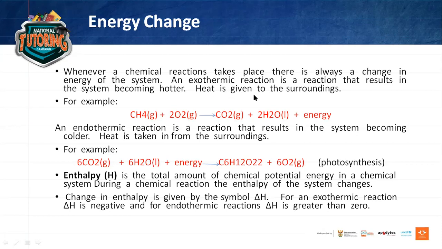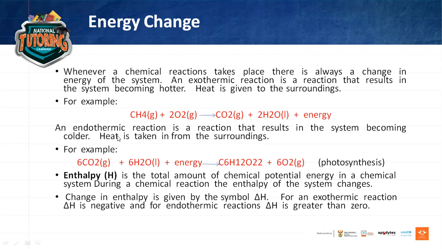The heat is given to the surrounding area. So for example, when we have CH4 and we combine it with O2, it will give us CO2 plus 2H2O plus energy. So this one is what shows that this is an exothermic reaction because energy is being released.